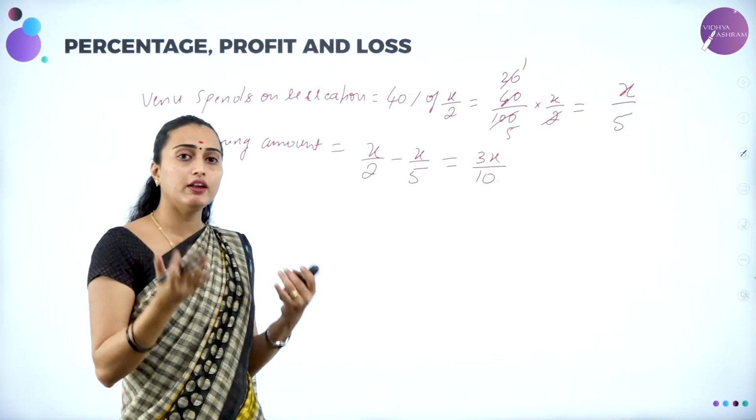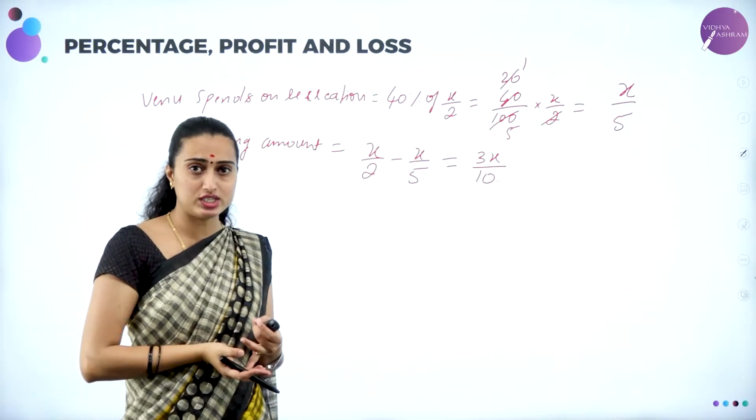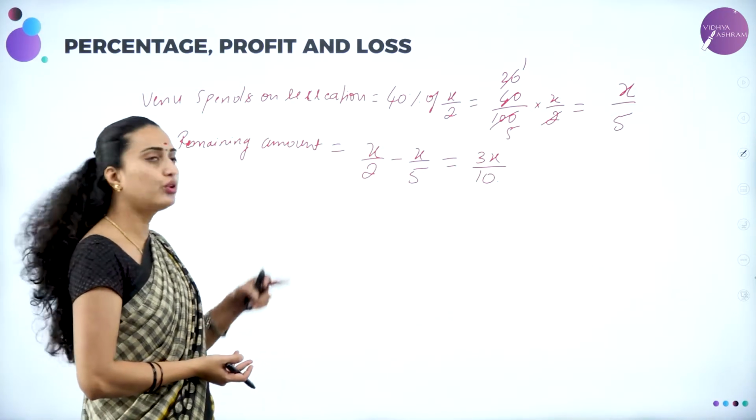And he is going to give pocket money to his daughter, which is 20%, isn't it? So he will be giving his daughter 20% of 3x by 10.